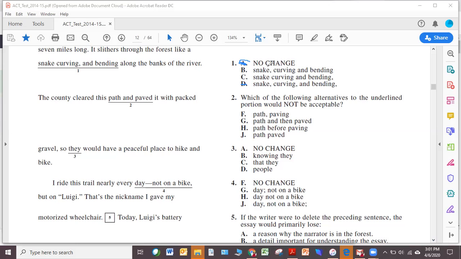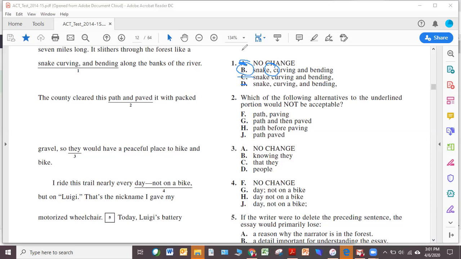It slithers through the forest like a snake, curving and bending along the banks of the river. Yes, we actually do want that comma, and I'll explain the rule for that in a minute. And so C does not have that comma, so we know that our answer is B.